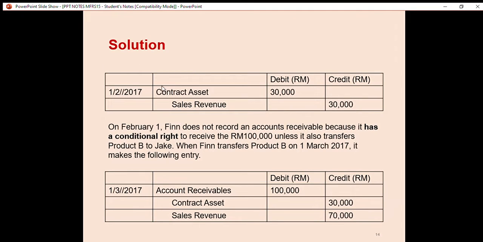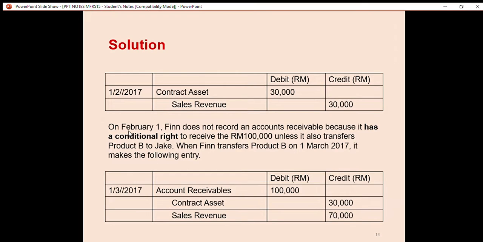That's why on 1st February, the seller records the transaction as contract asset: debit contract asset 30,000 and credit sales revenue. Since the goods have been delivered, the revenue can be recognized, amounting to 30,000.